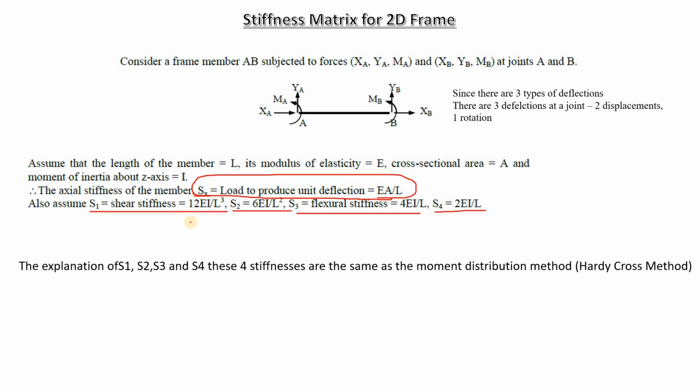So these S1, S2, S3, and S4 stiffnesses are similar to the ones you have seen in the moment distribution method or the Hardy-Cross method. Okay, so these are not really a topic here, and since we're going to be developing the formula, if you have not encountered S1, S2, S3, S4 previously, if you have not done the Hardy-Cross method or the moment distribution method, then you don't need to really worry about them, because they're just required to show you the actual matrices, and once we have developed the matrices, we don't need to really know how these things are developed.